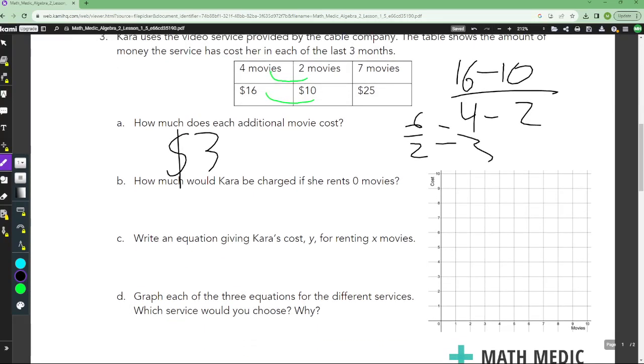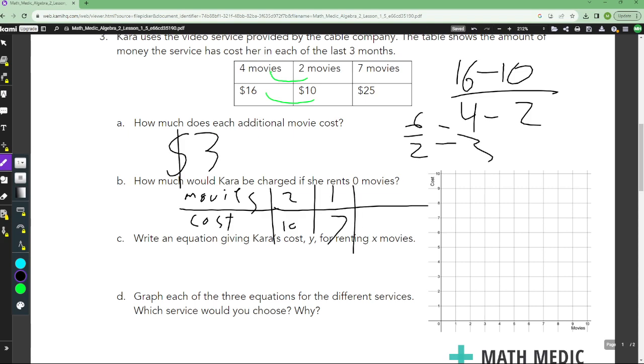So if she rents 0 movies, that means we first have to make a table. So we're going to do movies over cost. Then we'll make a little table here. So we know that 2 movies cost $10, which means if we go down 3, 1 movie costs 7. Go down 1 more, because it's a linear function. 0 is 7 minus 3 is 4.